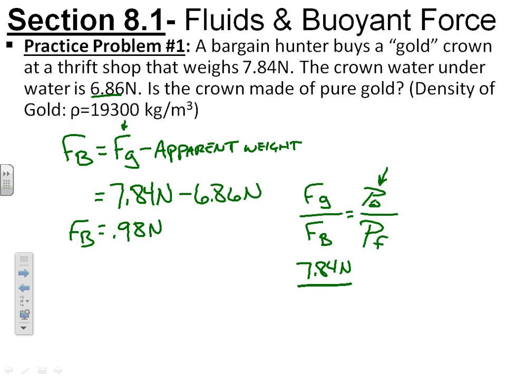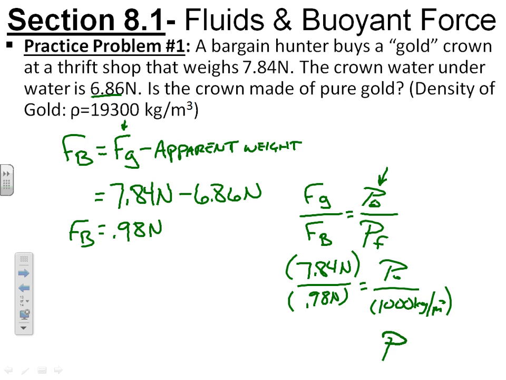7.84 newtons over 0.98 newtons is equal to the density of an object divided by 1,000 kilograms per meter cubed. All we have to do is solve for rho O, which gives us a value of 8,000 kilograms per meter cubed.